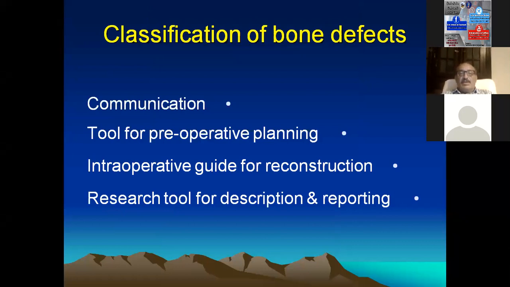If we classify bone defects in revisions, it is a useful way to communicate between surgeons. It's a tool for preoperative planning, an intraoperative guide for reconstruction, and also good in research. So we have to have a good classification that is useful and known to most hip surgeons.